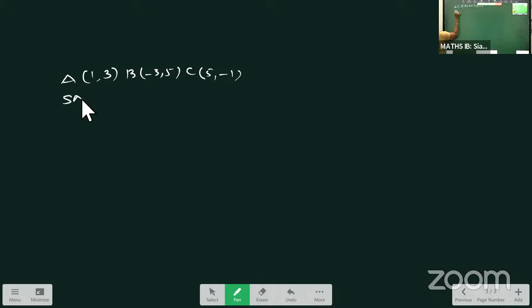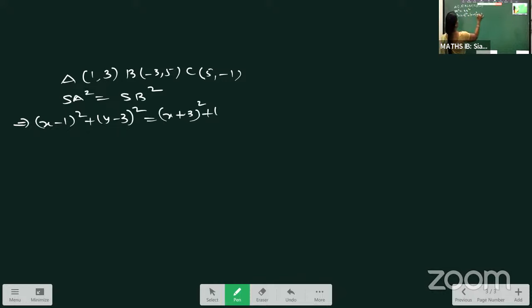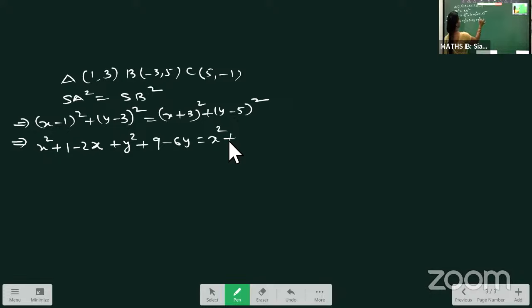So SA² is equal to SB². I already told you how to write (x − 1)² + (y − 3)², and this is (x + 3)² + (y − 5)². Expansion I have already done here. x² + 1² − 2x + y² + 3², that is 9, − 6y, is equal to x² + 3², that is 9, + 6x + y² + 25 − 10y. Okay, clear?